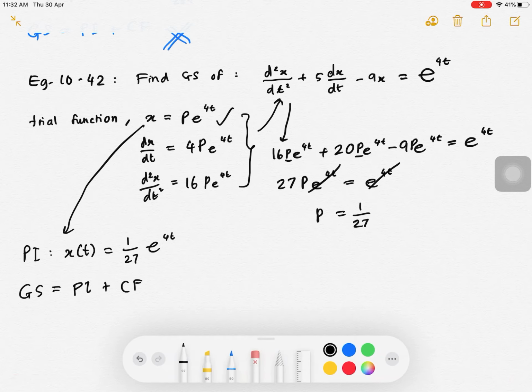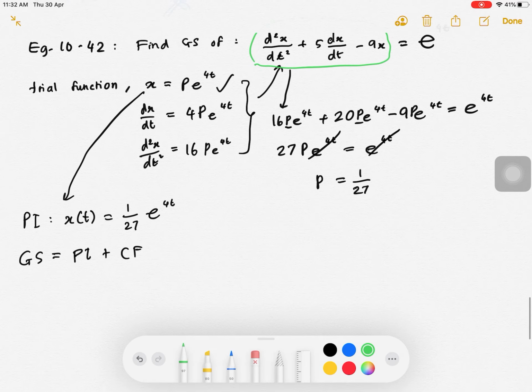But if the differential equation right here is different, you need to find the complementary function again. So hopefully you understand that.